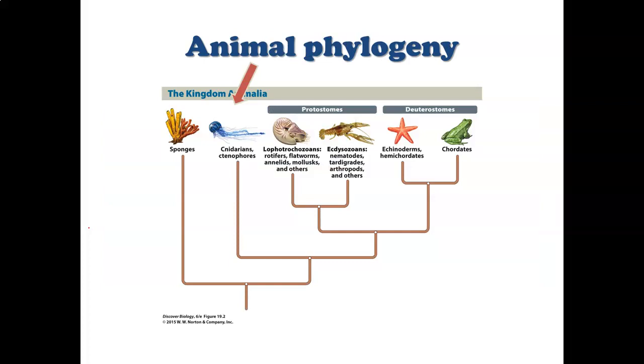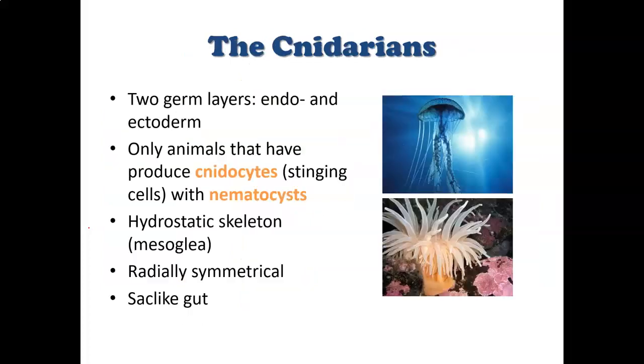The second group are the cnidarians. And the cnidarians have 2 distinct tissue layers, the endo and ectoderm, but they don't have any mesoderm. The unique feature that defines the cnidarians is that they have these stinging cells called cnidocytes.